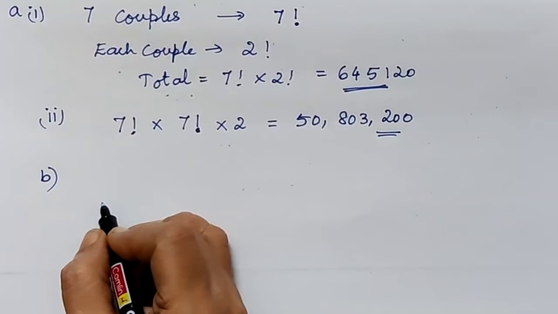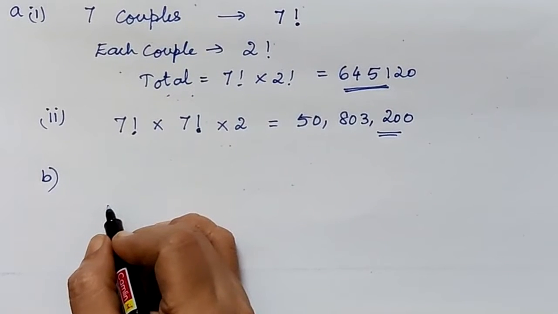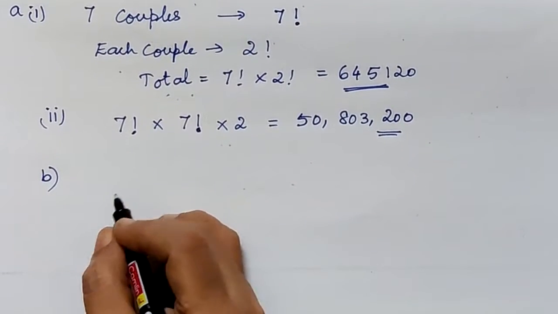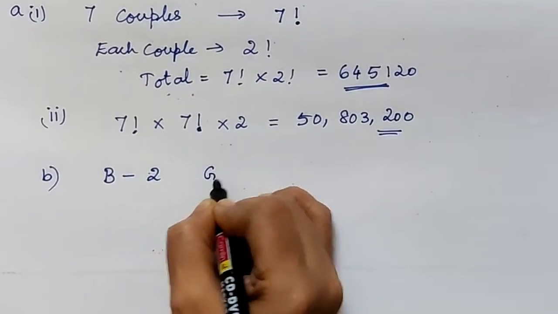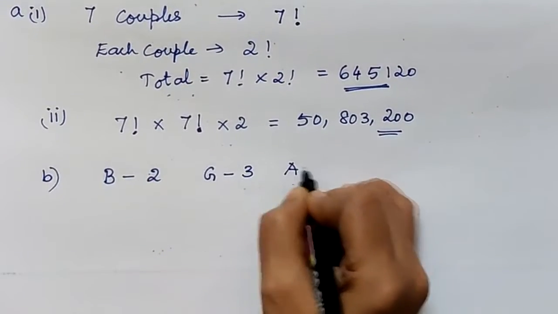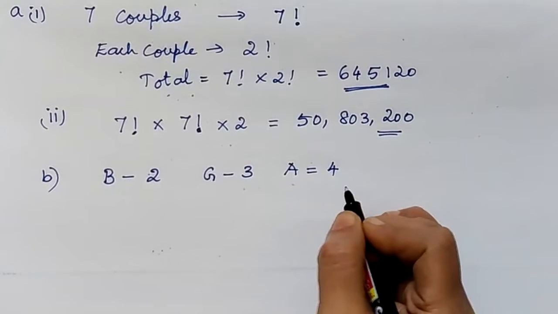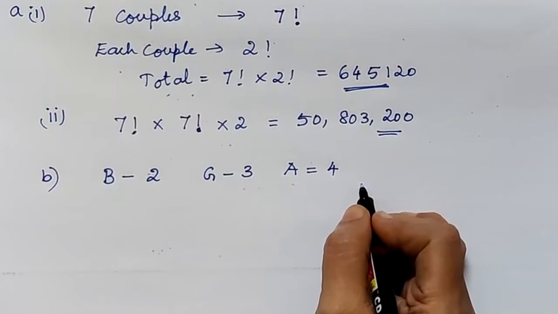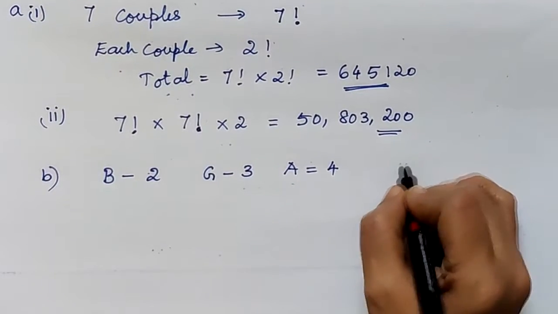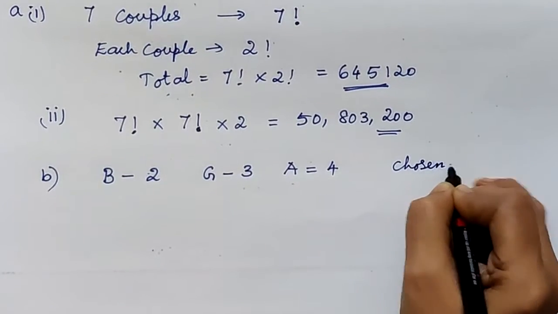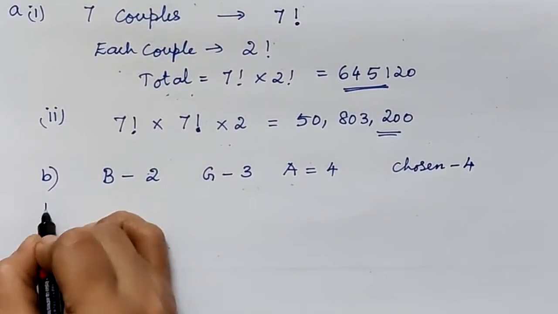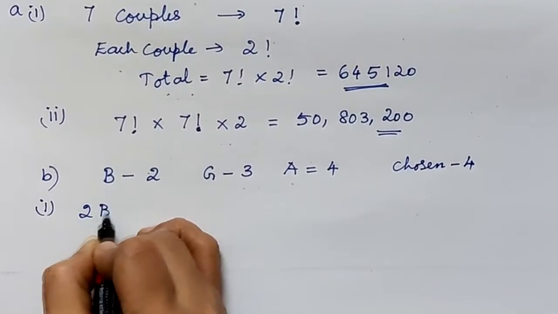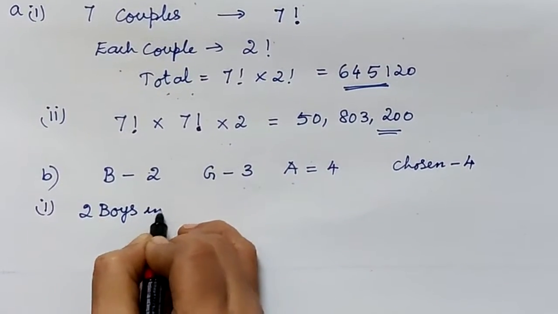Then the B part of the question: a group of 9 people consists of 2 boys, 3 girls, and 4 adults. In how many ways can a team of 4 be chosen? So chosen ones has to be 4. First part: 2 boys in the team.